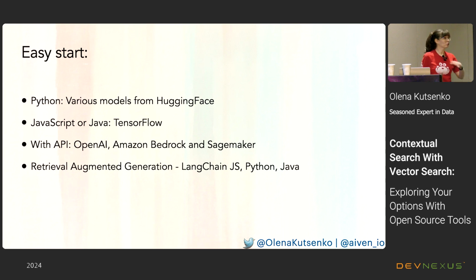It can also be that you don't want to run the model on your own, and that's totally fine because you can use APIs. Here is an advantage, because you can focus only on your functionality, and then you can use the Hugging Face API, OpenAI. You can deploy to SageMaker or use Microsoft or Google platforms. You can use Bedrock. Different options.